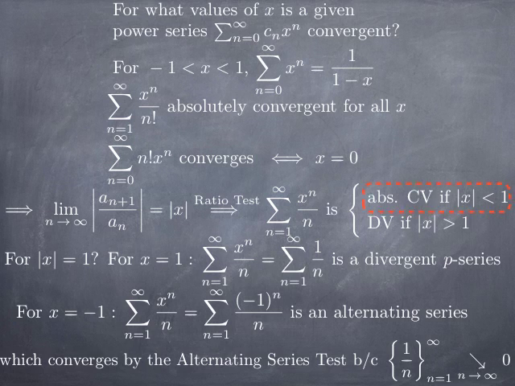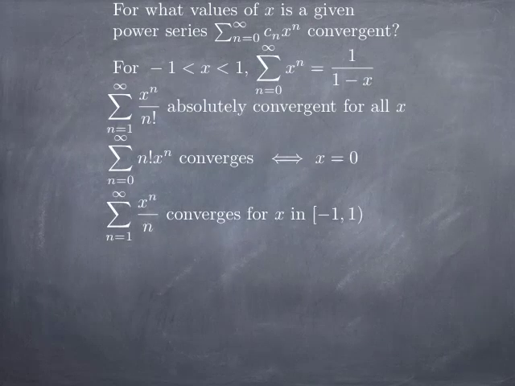So we have absolute convergence strictly between -1 and 1, divergence if x is strictly less than -1 or greater than 1. For x equal 1, it is divergent. For x equal -1, it is convergent. In other words, the series converges for x in the interval -1, 1, where we include -1 but exclude 1.